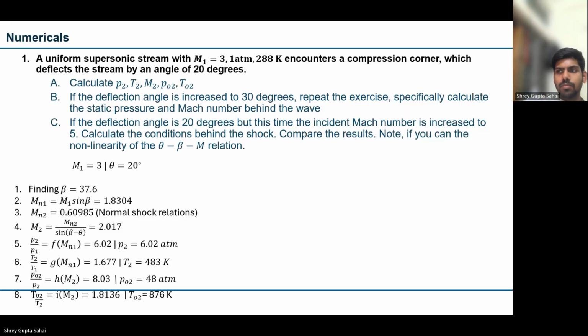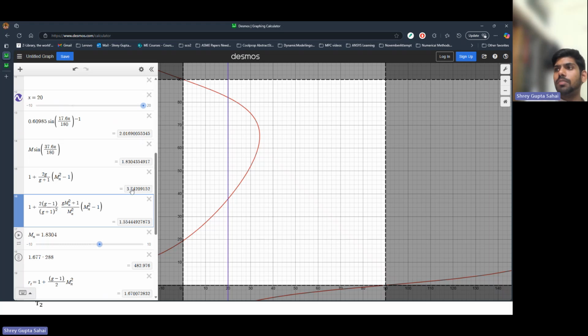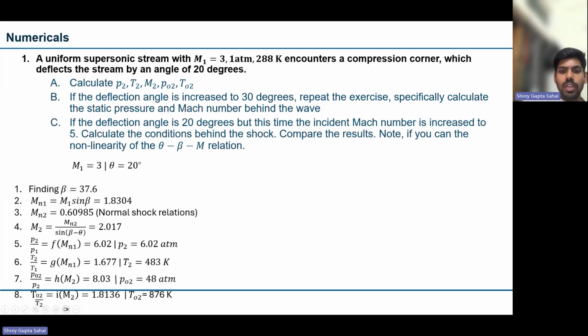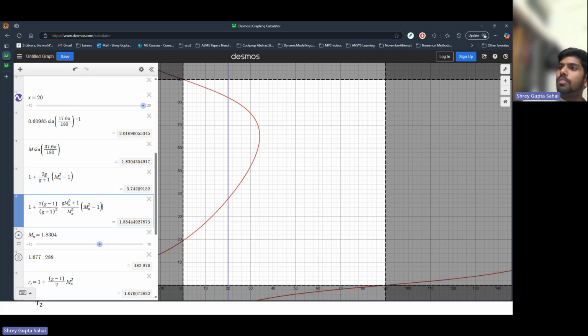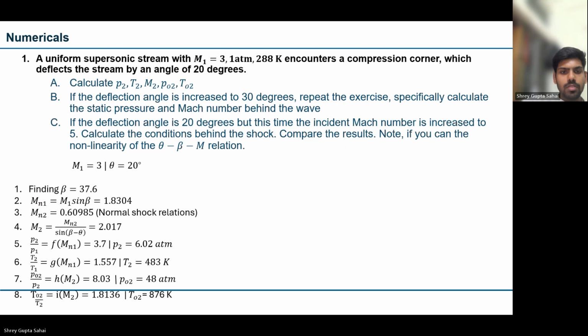And the temperature ratio is also 1.55 times. So wrong values I took. That is why I wanted to check if I've taken wrong values. Temperature I remember 1.5 something, 1.554, and 3.74. So this will make it 3.74.